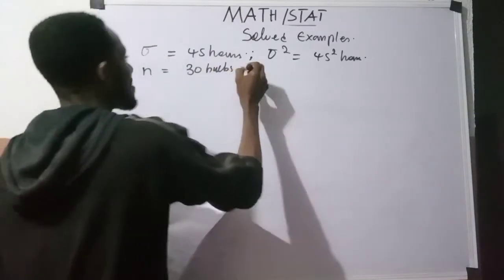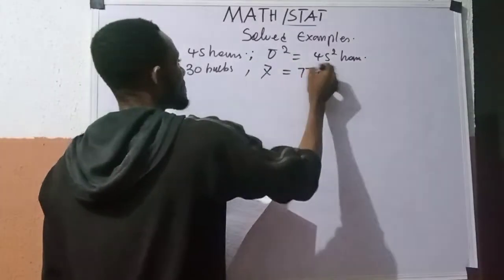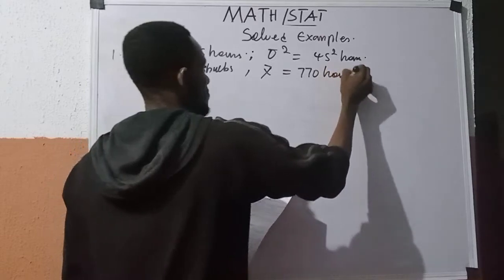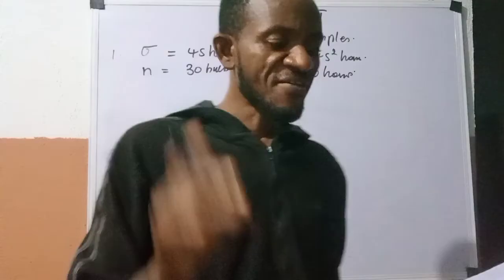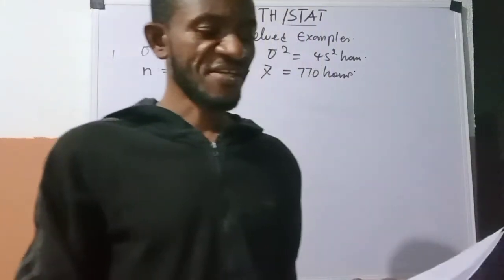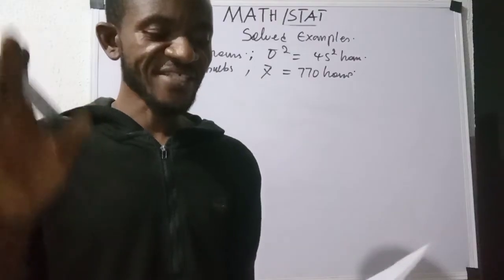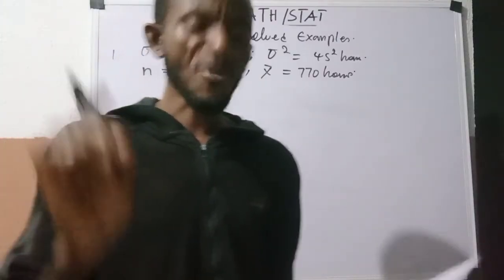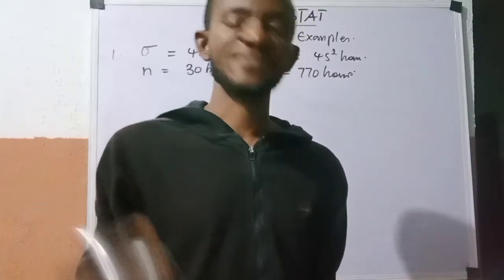So they are saying that x bar equals 770 hours. They say find the 95% confidence interval for the population mean of the bulbs.